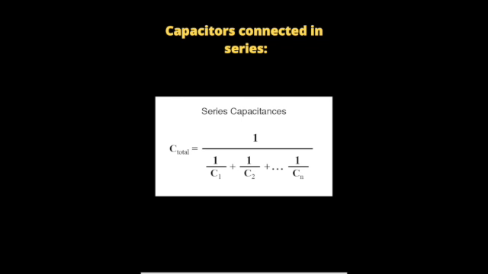Now we're going to analyze the arrangement in series, which is when we have a capacitor one after another, and the upper plate is connected to the positive terminal, and the lower plate of the last capacitor is connected to the negative terminal.